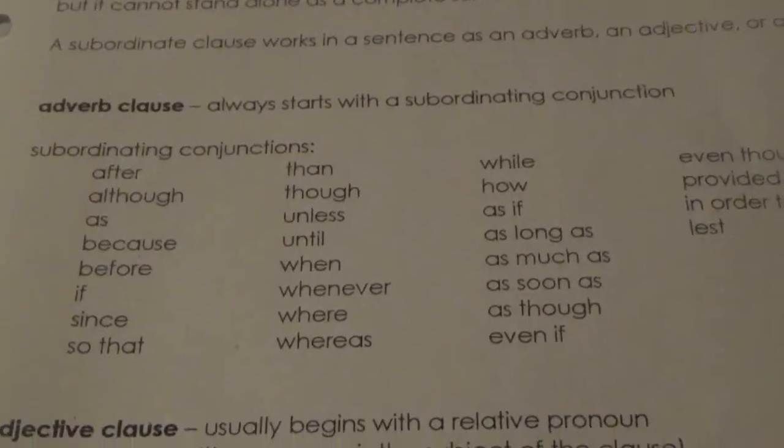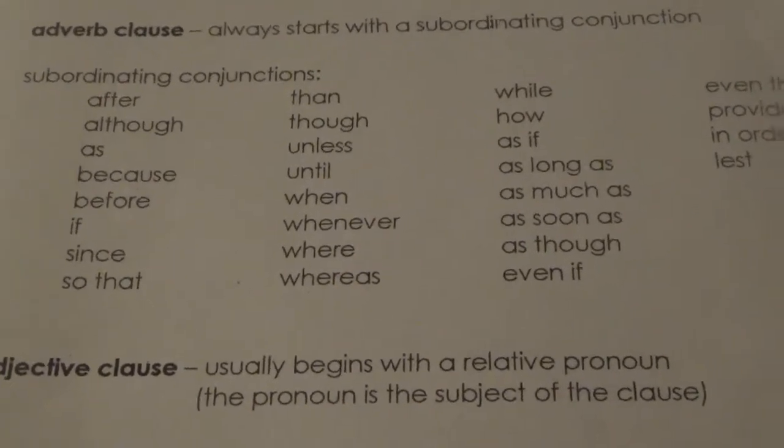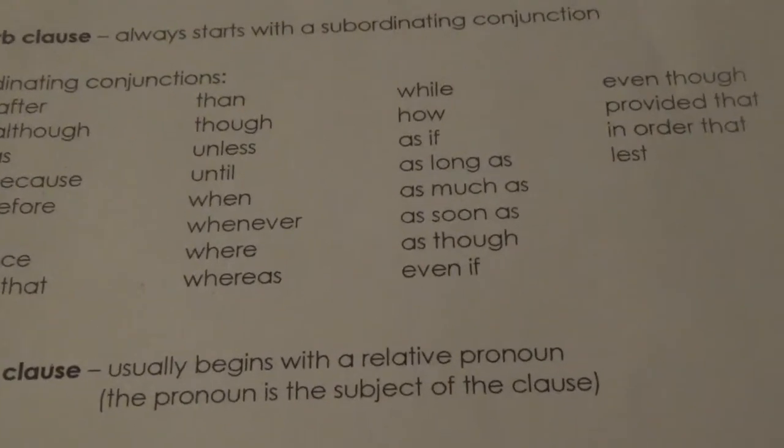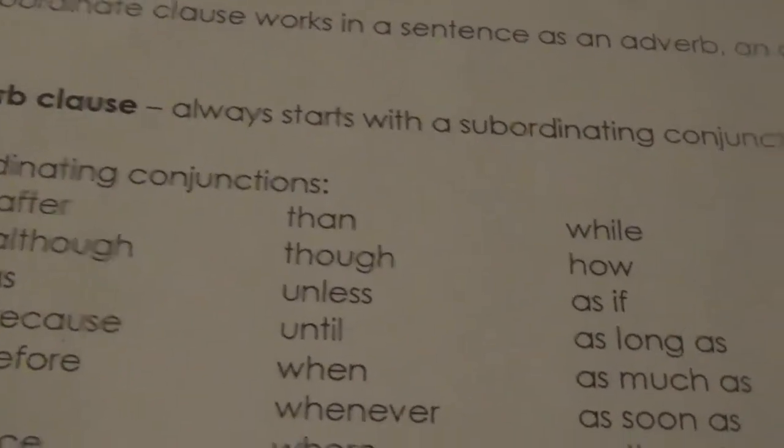If you see a word like that, then be aware that you might be looking at a dependent clause or subordinate clause. In fact, that subordinating conjunction is really what makes that clause dependent. Because I like swimming, for example. If we didn't have that subordinating conjunction, because, that makes us think that there's something else to come, then we would have an independent clause.